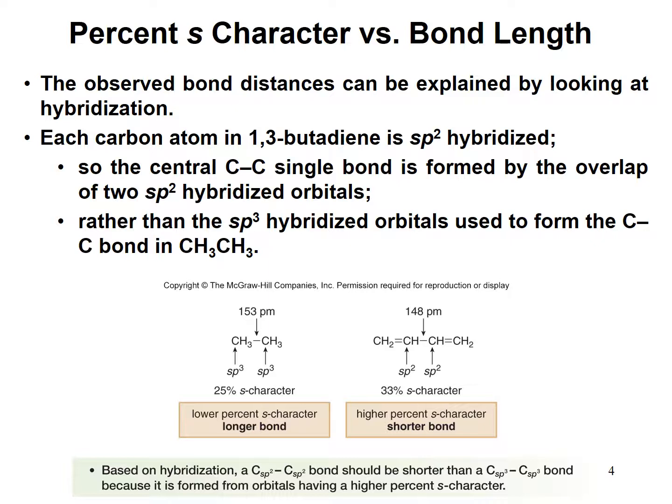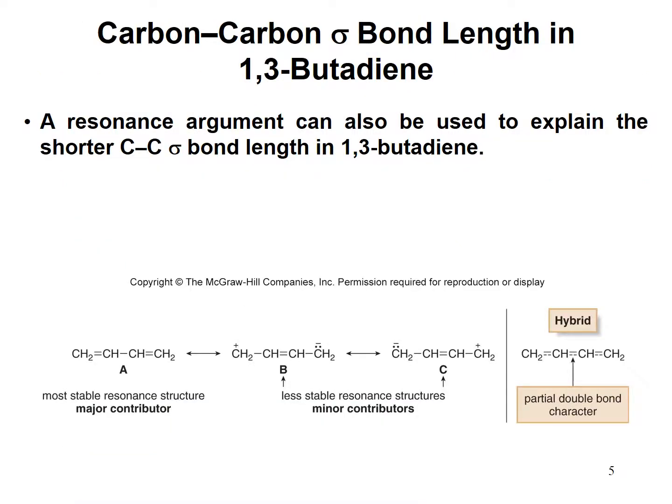Because we have sp2 hybridized carbons, we have a smaller distance between those atoms in a conjugated system. The carbon-carbon sigma bond length in 1,3-butadiene is an example that we're going to take a look at.